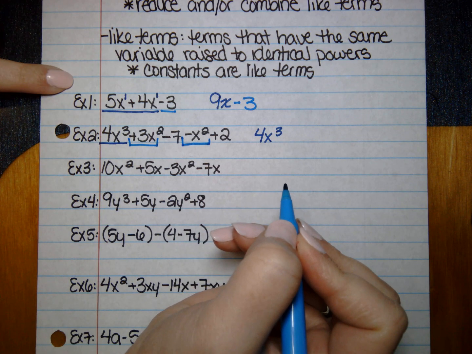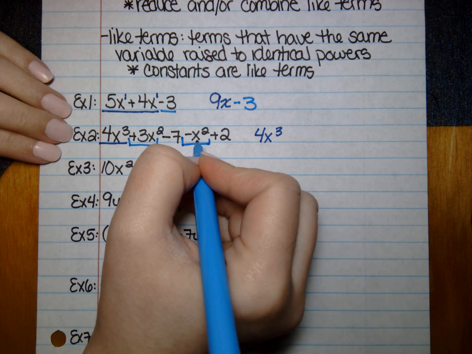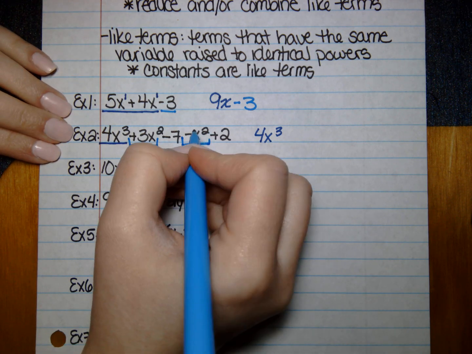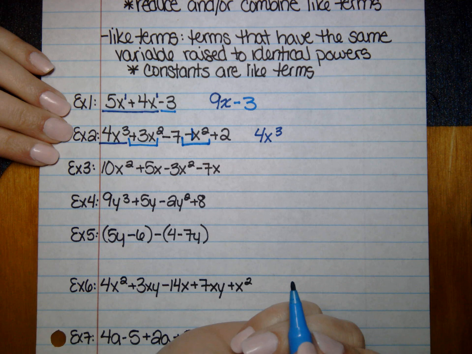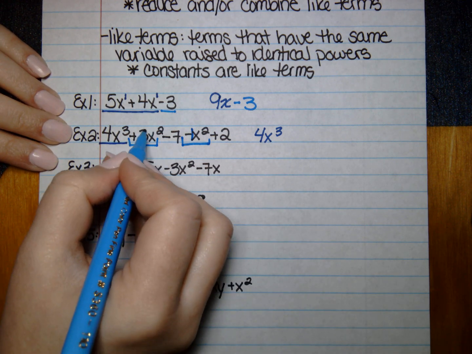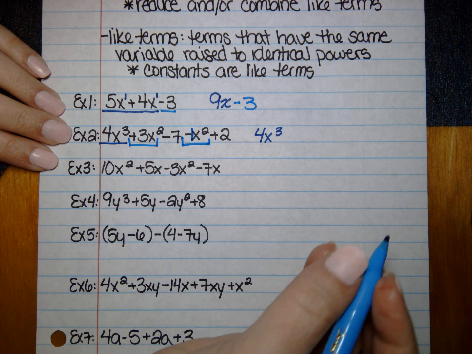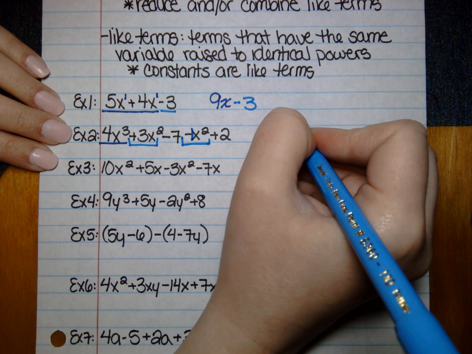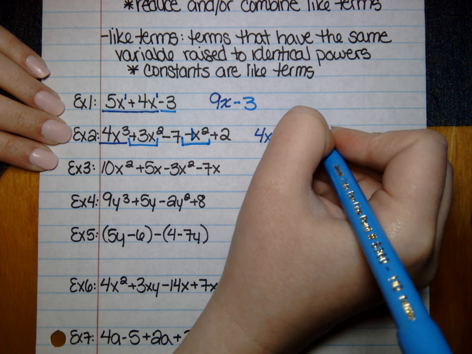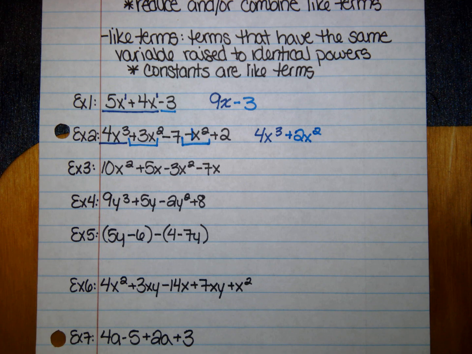Same rule applies as it does in example 1. If I don't have a coefficient or a number in front of my variable, it's understood to be a 1, so if you need to put it there, you can to help you out. So now I have positive 3 minus 1, which is going to give me a positive 2x squared. My next piece I'm going to look for are any x to the first powers.